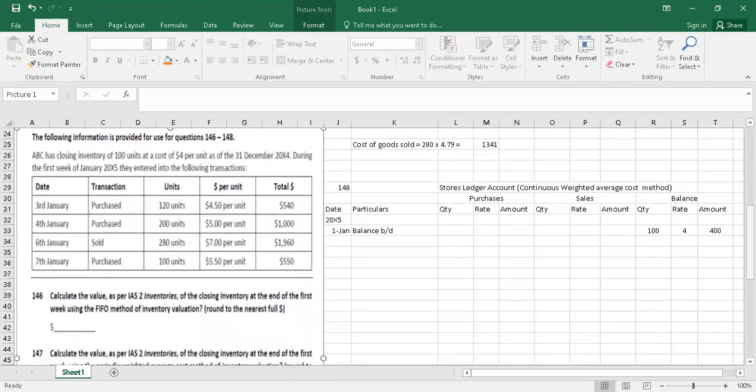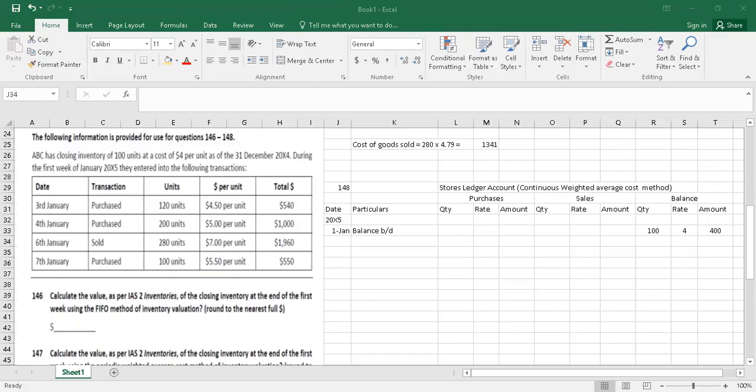Let's start. Write the beginning balance. Then on a continuous basis, the average value would be calculated. 1st January, 100 units at 4 per unit. Then we have the value as 400.